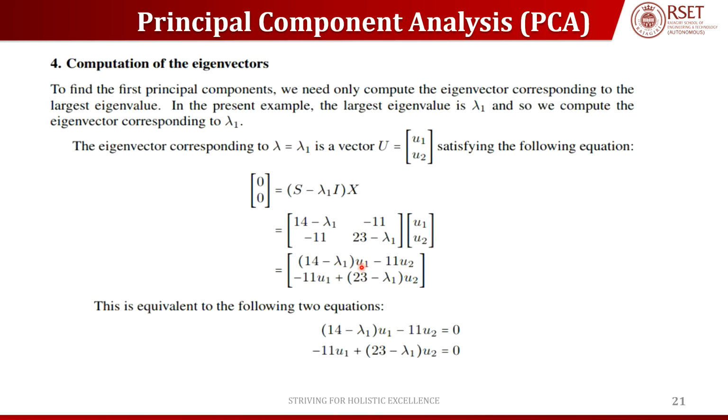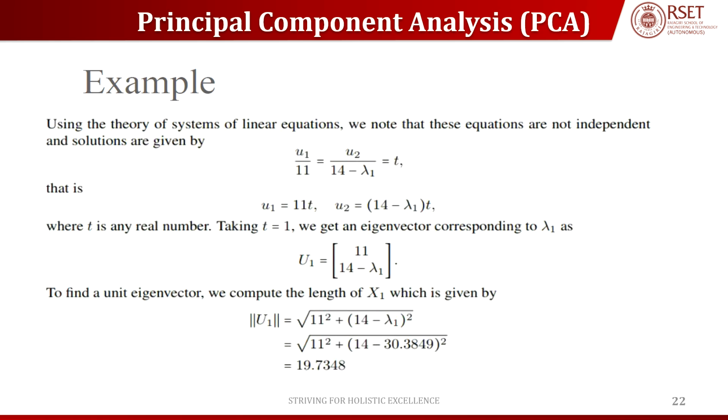Next is the computation of the eigenvectors corresponding to our largest eigenvalue lambda 1. So we have to use this equation: S minus lambda 1 I times x is equal to 0. So (u1, u2) will be our eigenvector. We are just substituting the values and getting the eigenvectors. Again we'll get two equations, we have to solve them and get the values of u1 and u2, that will be our eigenvector.